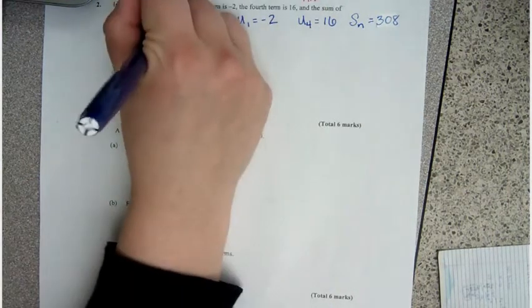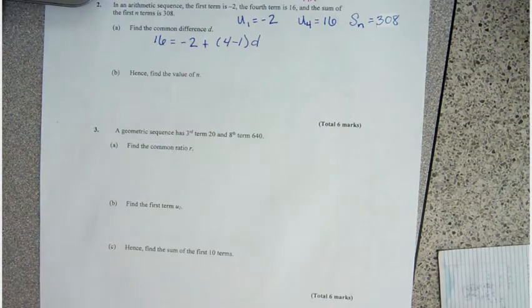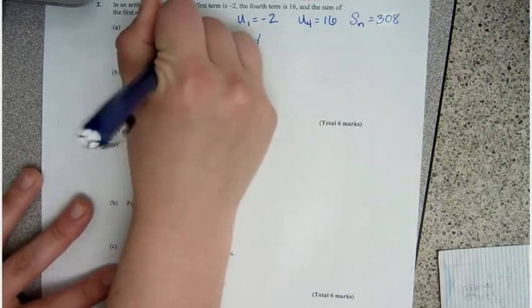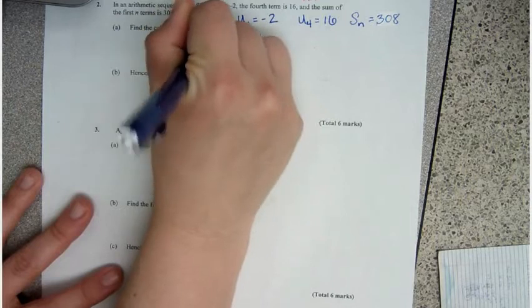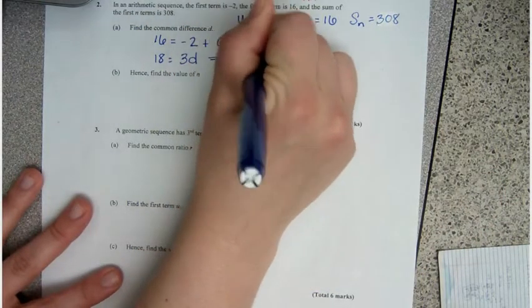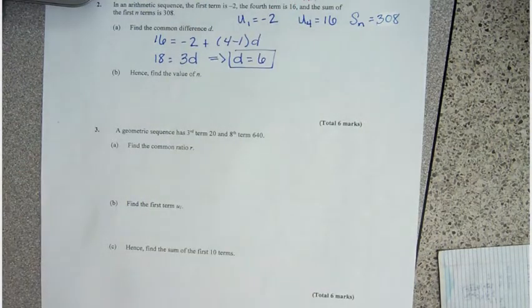So we would have 16 equals -2 plus 4 minus 1 times D. Also, you guys are getting really confused with whether you should use 3 or 4 to divide by, and I would prefer if you guys just use the formula. It'll guarantee that you get the right answer. So we would add 2 to both sides to get 18. Then we'd have 3D. And so then when we divide by 3 on both sides, we should get that D is equal to 6. Okay? So that's the first one.